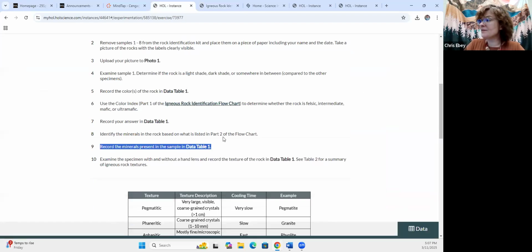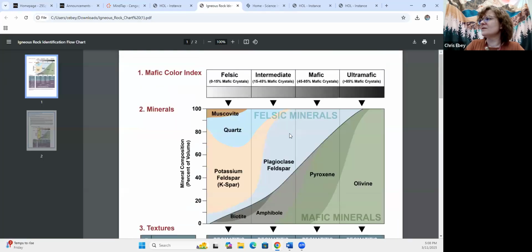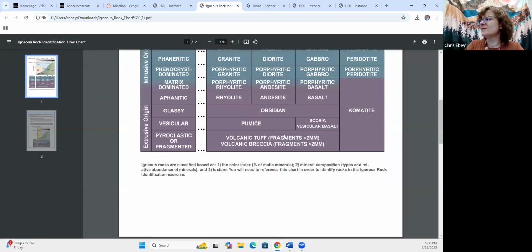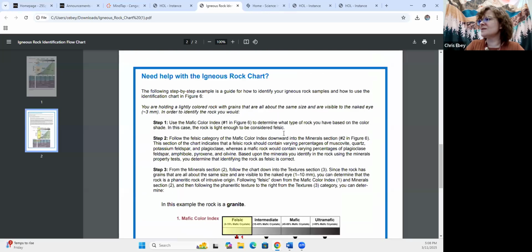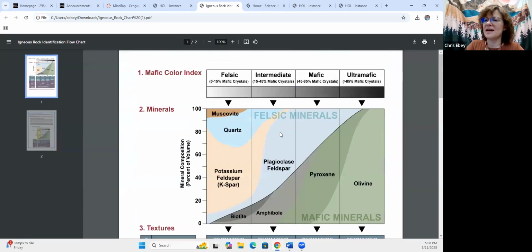And you'll go through and do that for all the questions, and then identify your mineral based on what is listed in part 2 of the flow chart. These directions are really bad.